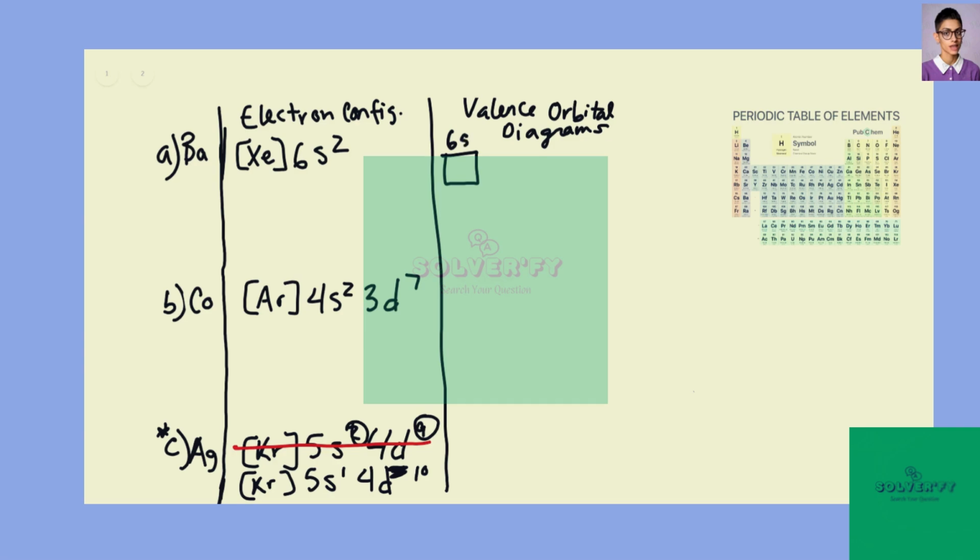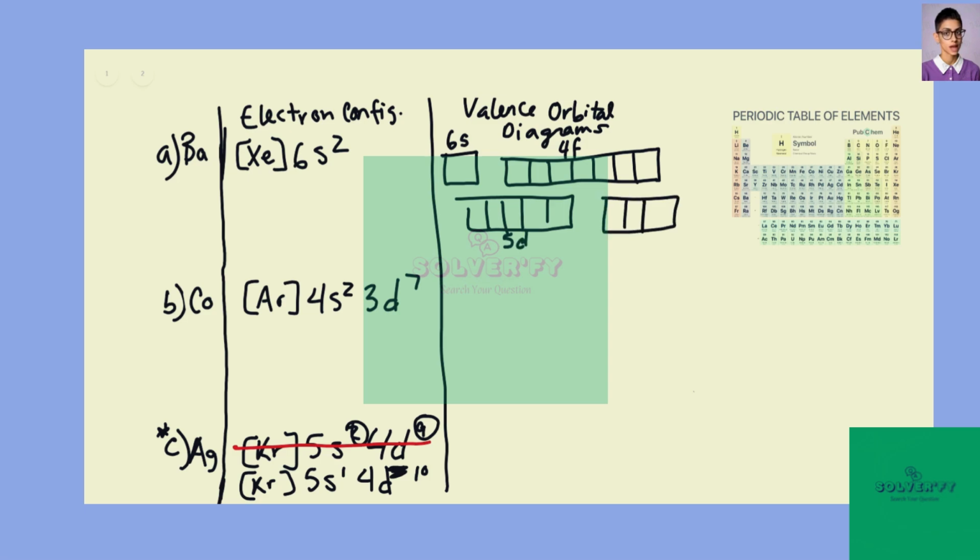So we have 6s, and then we have 4f with 7 orbitals, and then here we have 5d, and then we finally have 6p.